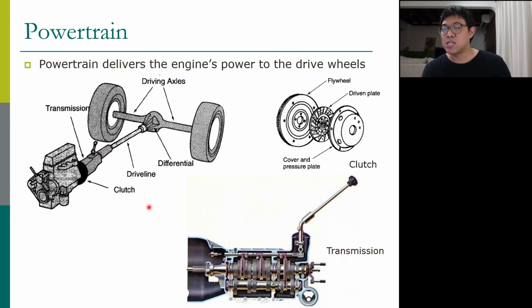The transmission is basically sets of gears; there are many sets of gears inside it. We also have to find a way to disconnect the engine from the wheels or connect the engine to the wheels. That's the clutch. This clutch is basically this picture. We're going to talk more about that. And after the transmission, we also have differentials here to divide power into the right and left drive wheels.